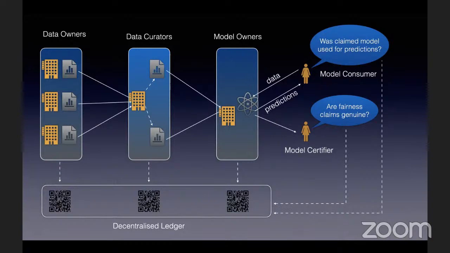So one thing could be there is a private model, and then there is some data supplied to it, and you get predictions. And there is an auditor who just wants to know that a particular model was used on this data to supply this particular prediction, right? So that you're faithfully using a model.